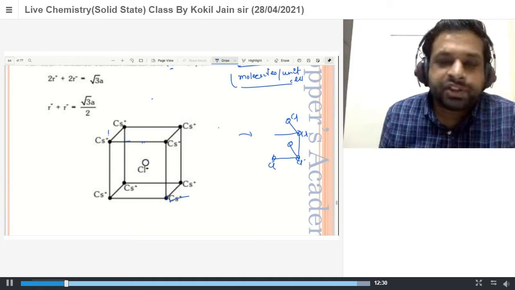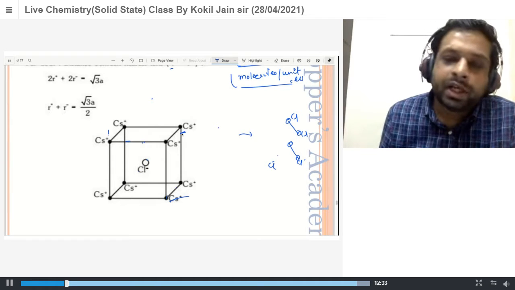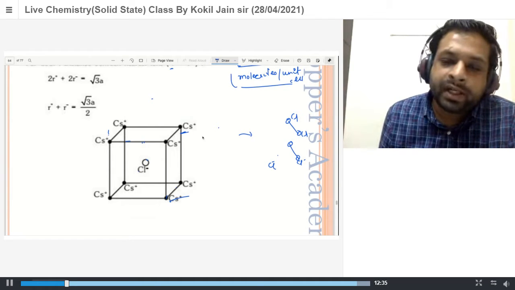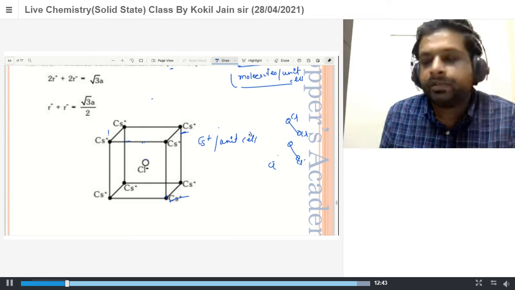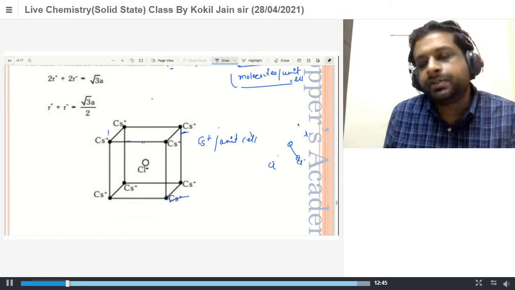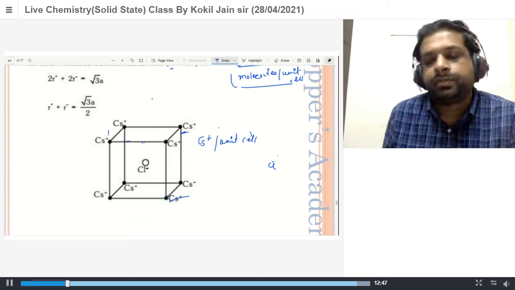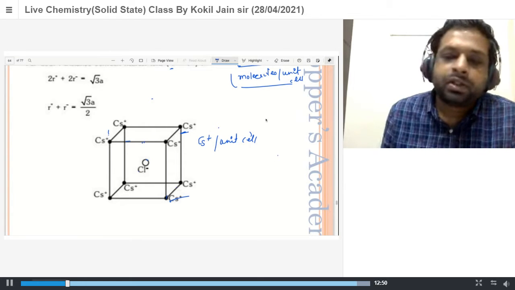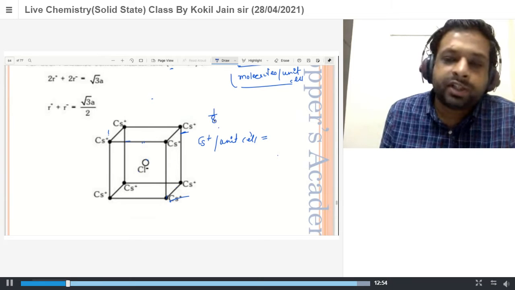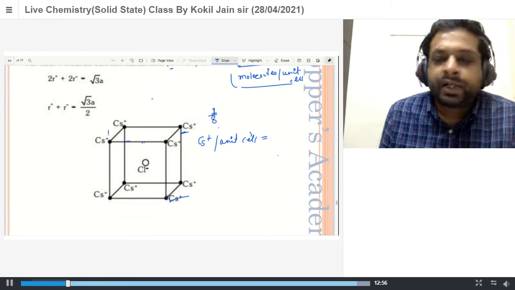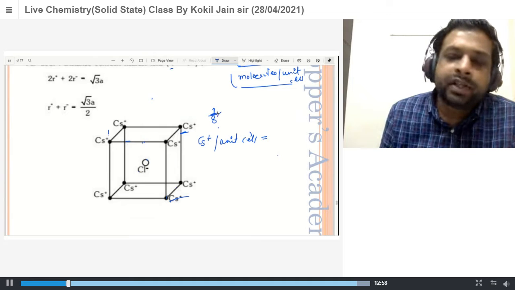Now, if cesium is at the corner site only, how many cesium ions are present per unit cell? Arman, how many cesium atoms? From the last class, you remember, the contribution of corner atoms is 1 by 8, and overall 8 atoms are present. So the overall contribution is 1.